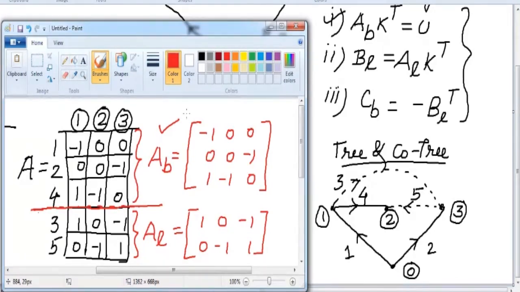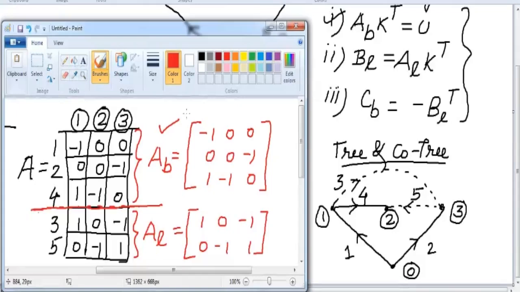We are only left with K transpose, right? So if we want to write the K transpose matrix, what do we require? We require the K matrix first, right? K matrix is the branch path incidence matrix. You all know how to draw the branch path incidence matrix.